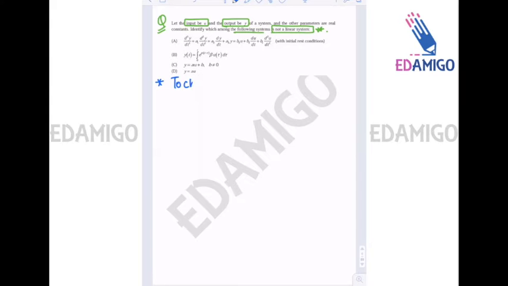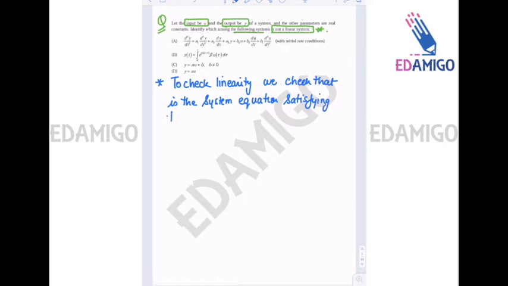To check linearity, we check whether the system equation is satisfying the superposition theorem or not.